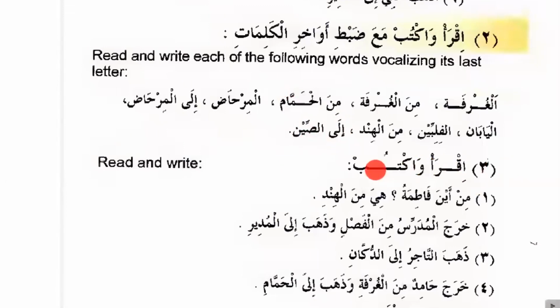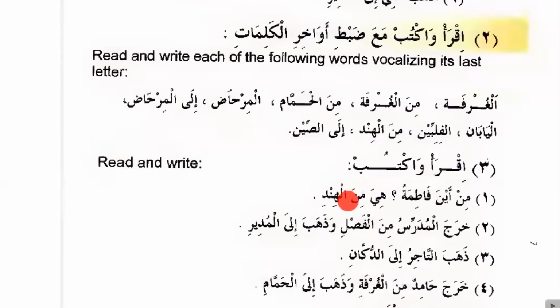Okay. Iqra' wa-ktub. Min aina Fatimatu? Where is Fatimah from? Here, min al-Hindi. She is from India. So you can see what I was talking about. The same thing has repeated. It was initially min, but sukun here on the noon, another sukun on the Hamza. You can see this Hamza al-wasl.